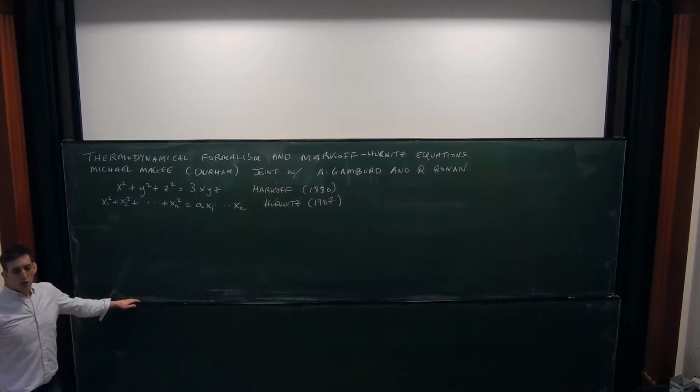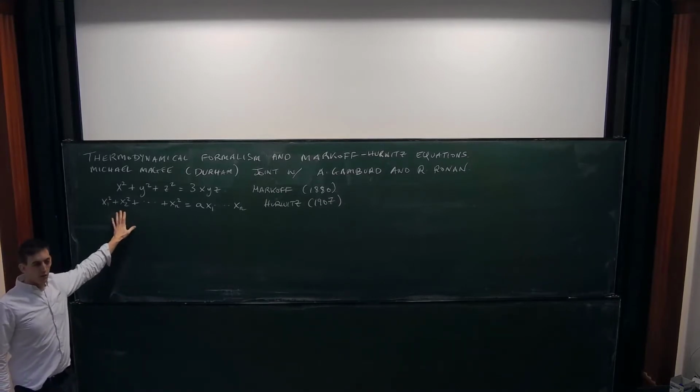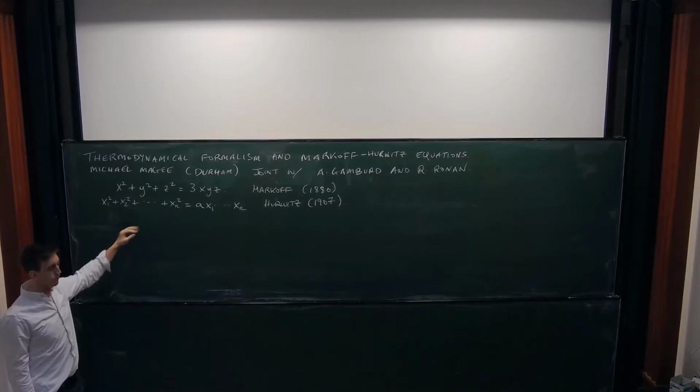I'm not sure I can explain why Hurwitz decided to study this, but we're interested in integer solutions to these equations. This equation arises from a fairly simple question: when is the sum of squares of integers equal to a multiple of the product? It's a very simple question.